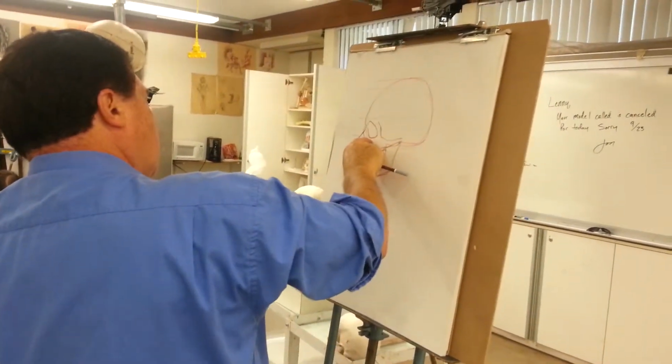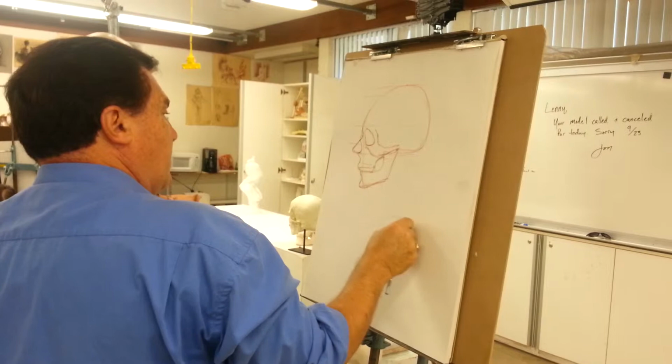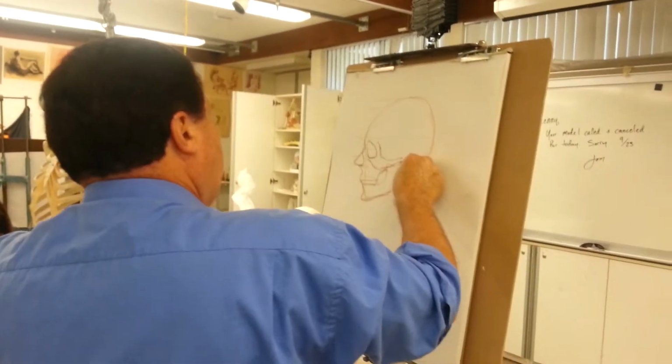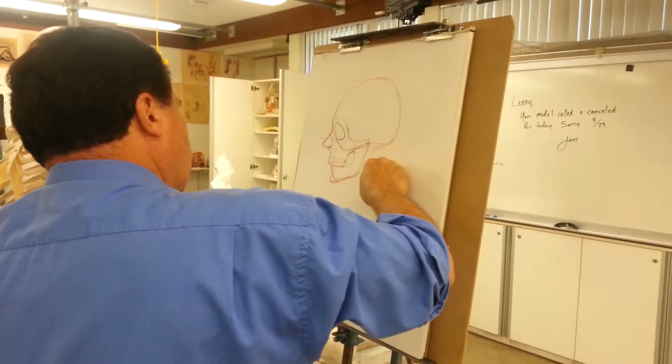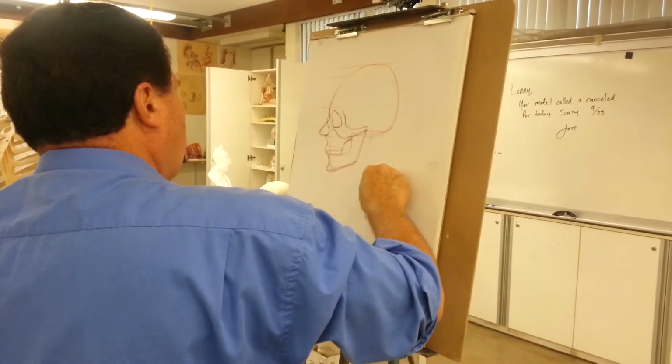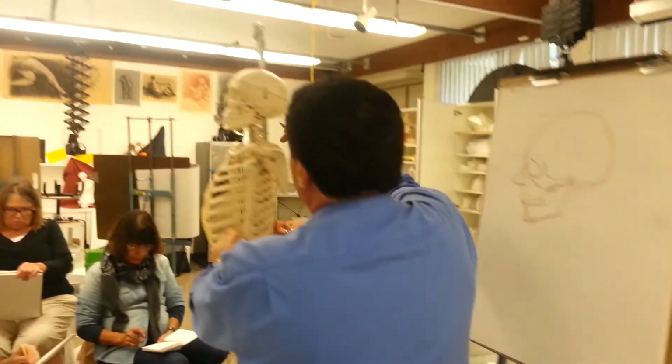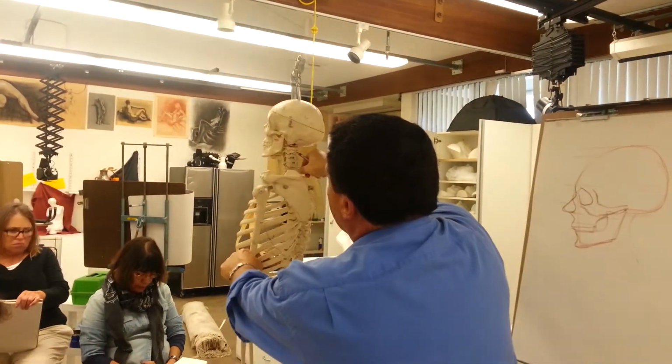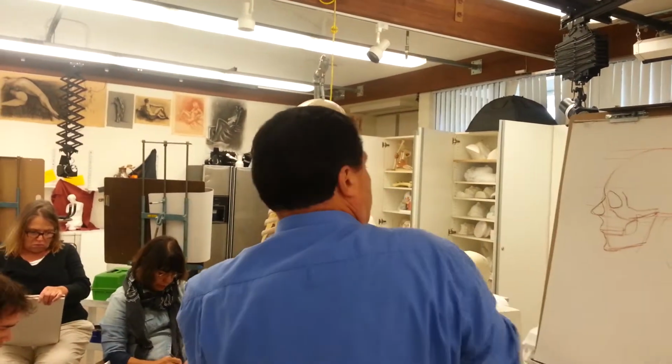So if we're going to do this, we're going to place this here, and the neck then goes in the concave area. But look, see, this is higher here and lower here.